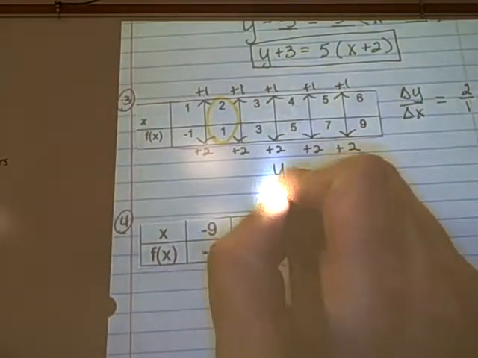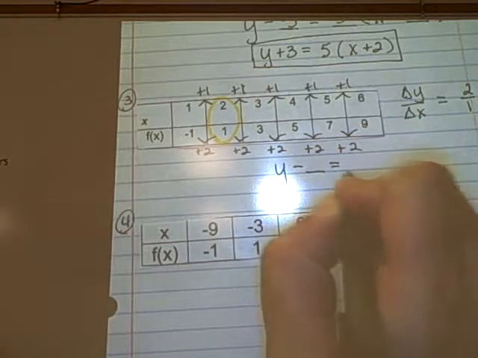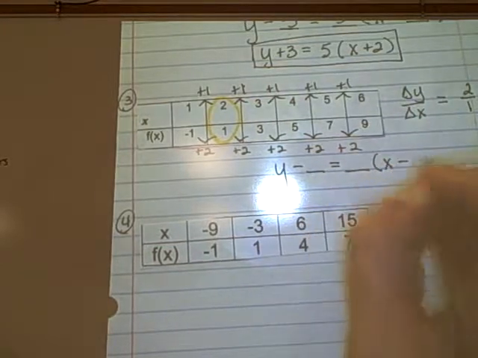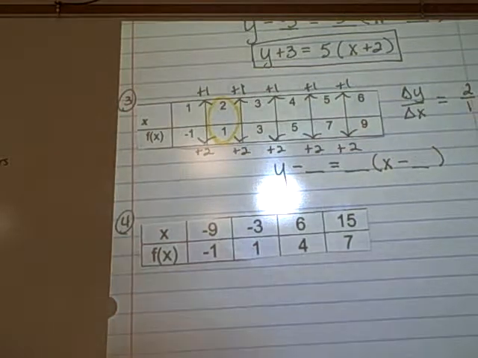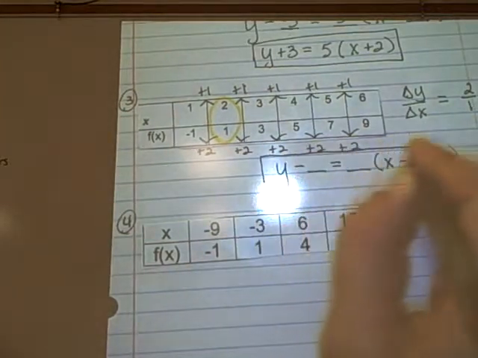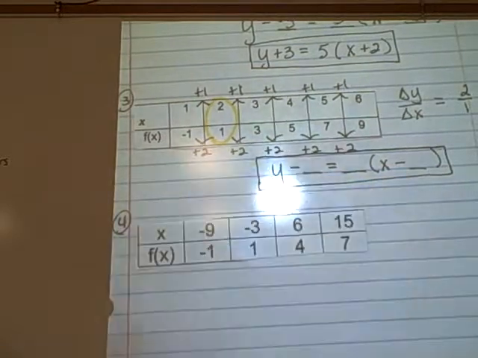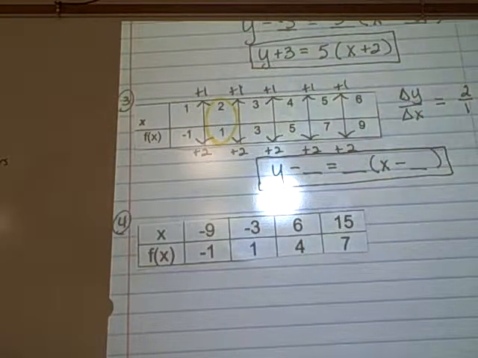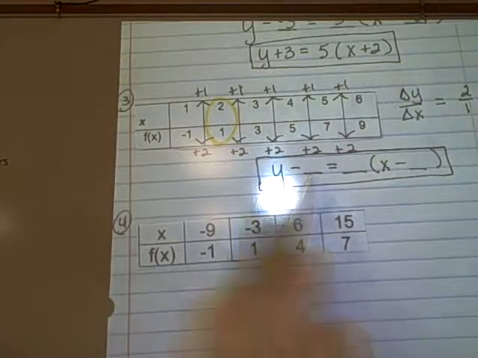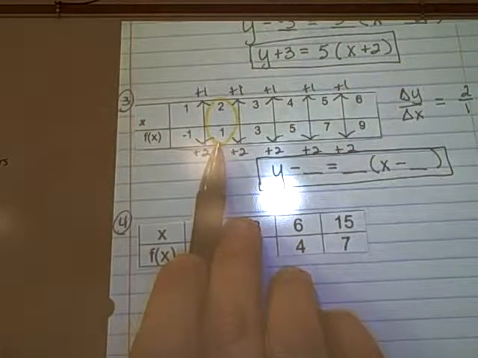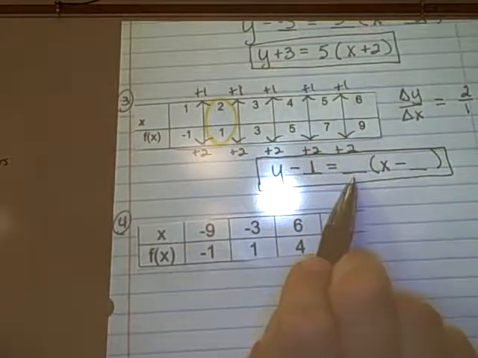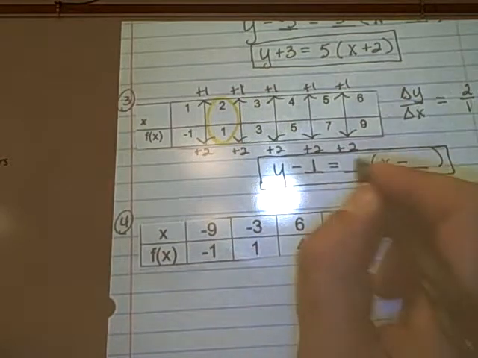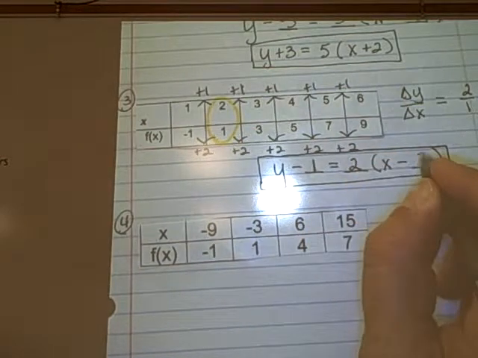So we're going to do y minus the y number equals m times x minus the x number. So write that out. This is going to be our equation. I just have to fill in the blanks. What goes in the first blank, if I'm using this point? Is that my y number? 1. I'm going to use 1 right here. M goes in this blank. But what is your x number? 2 goes here.